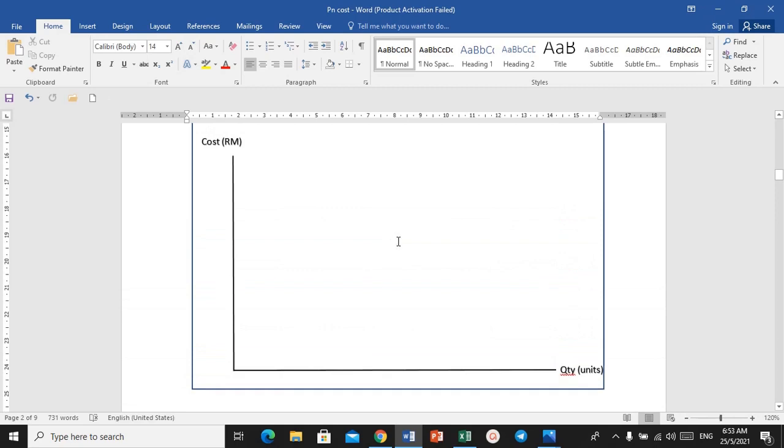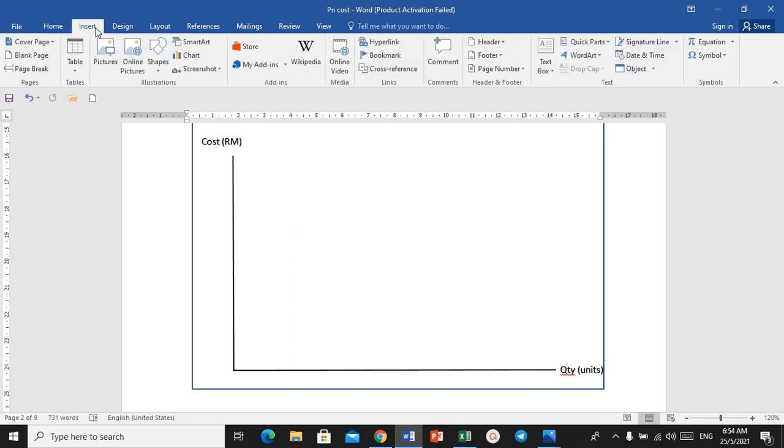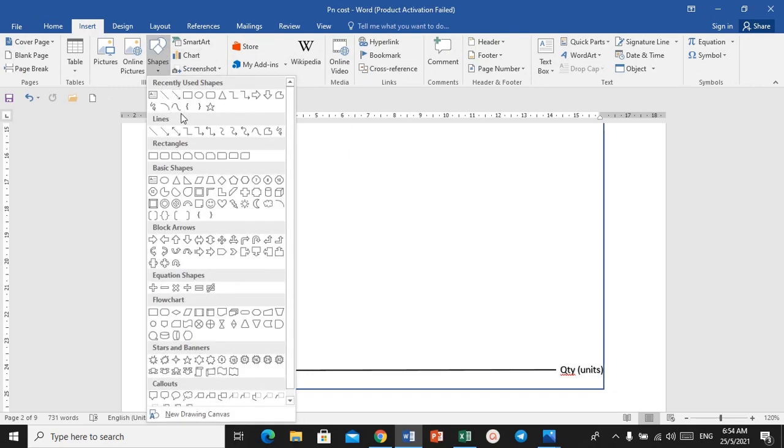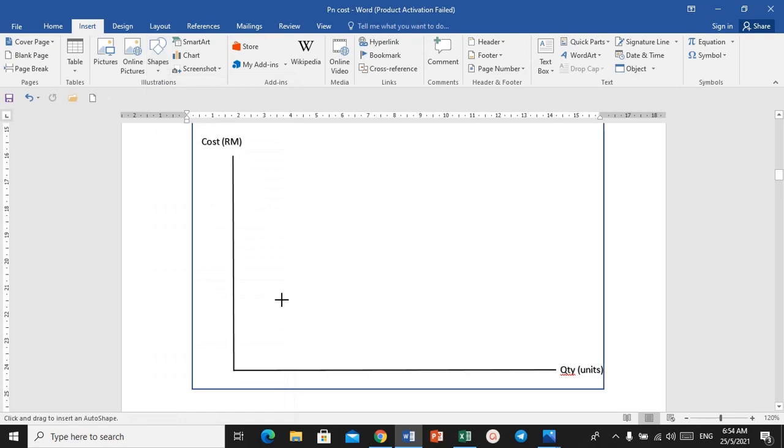For these three curves, we also have a few rules in doing the sketching. I'm going to start with the first curve, which is also the most important curve, the marginal cost curve. I'm going to start at any point in the graph, so I'm going to start here.